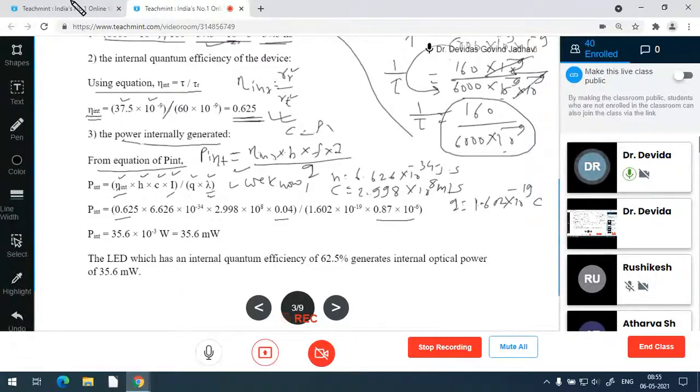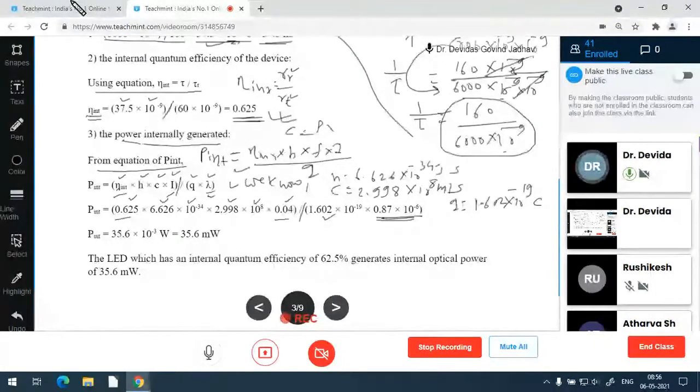If you substitute in eta internal H C I upon Q lambda: 0.625 into 6.626 into 10 raised to minus 34 into 2.998 into 10 raised to 8 into I, 0.04, divided by Q, 1.602 into 10 raised to minus 19, and lambda given as 0.87 into 10 raised to minus 6.